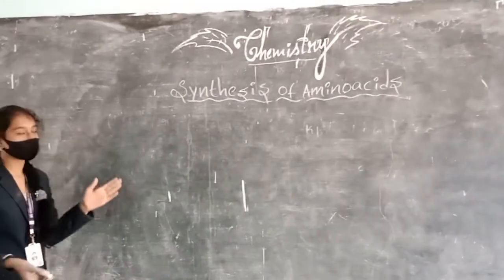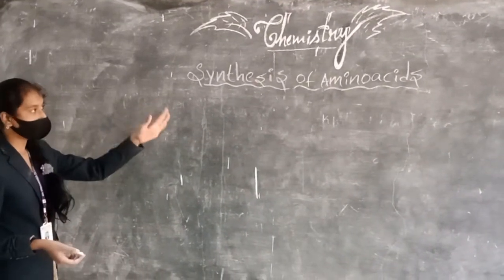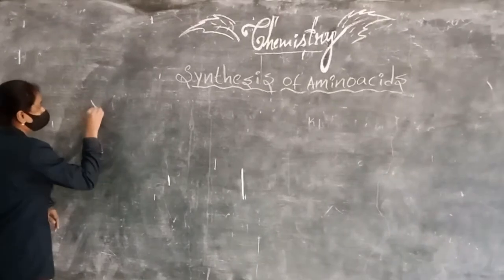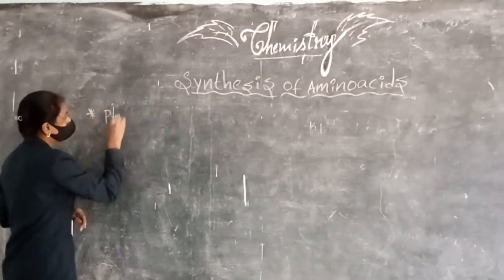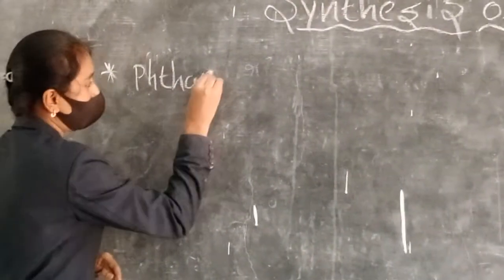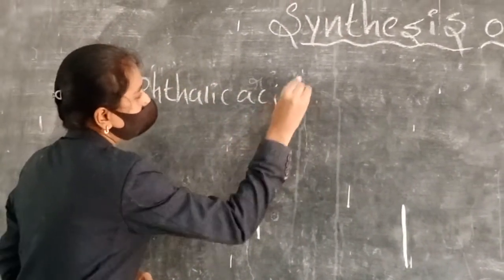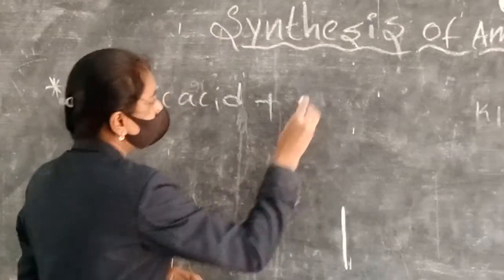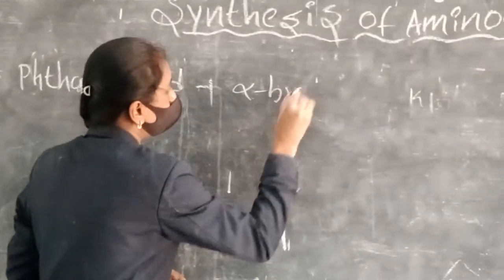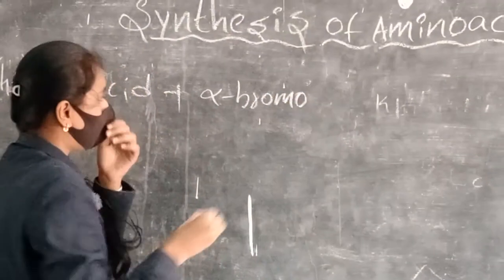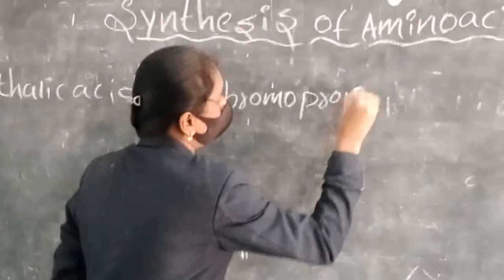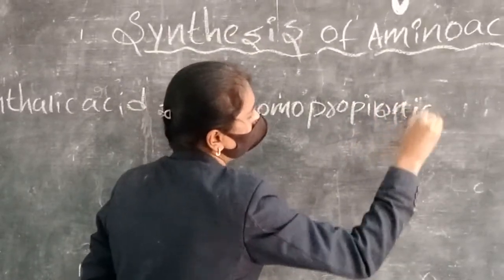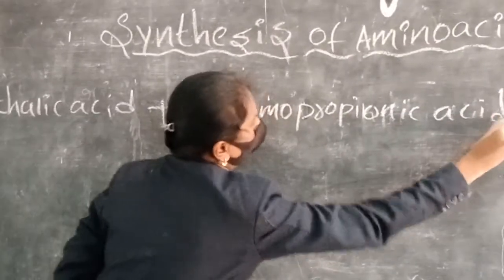Now let us discuss one more amino acid, that is alanine. Alanine is prepared by treating potassium phthalimide with alpha bromo acid. Let's see the equation.